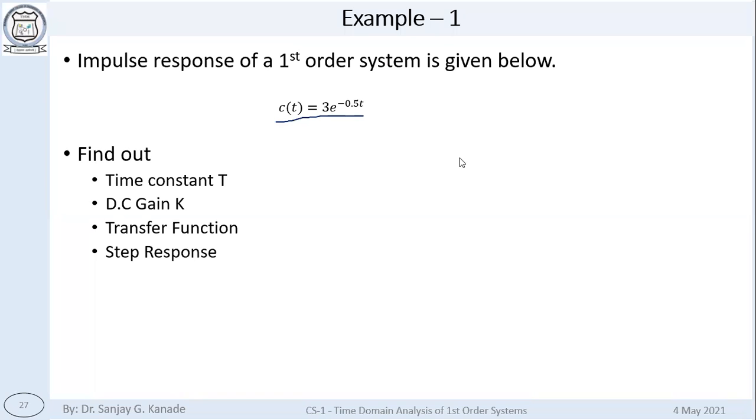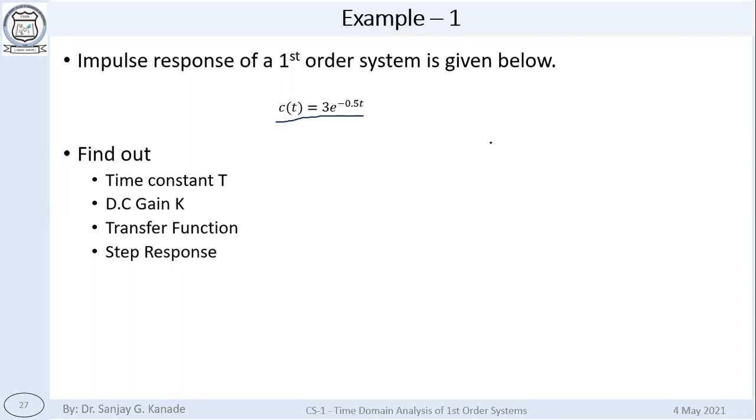It is the output of the system when the impulse signal is given as input. So what do we have to find out? We have to find out the time constant T, DC gain k, transfer function, and step response. Step response also we have to find out from the given impulse response of the system.